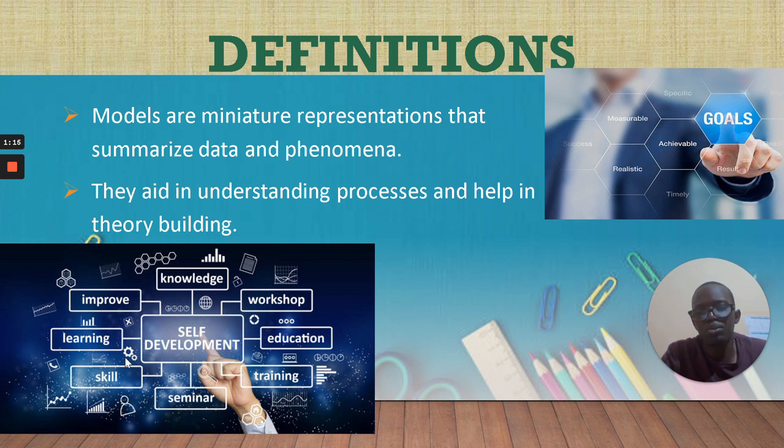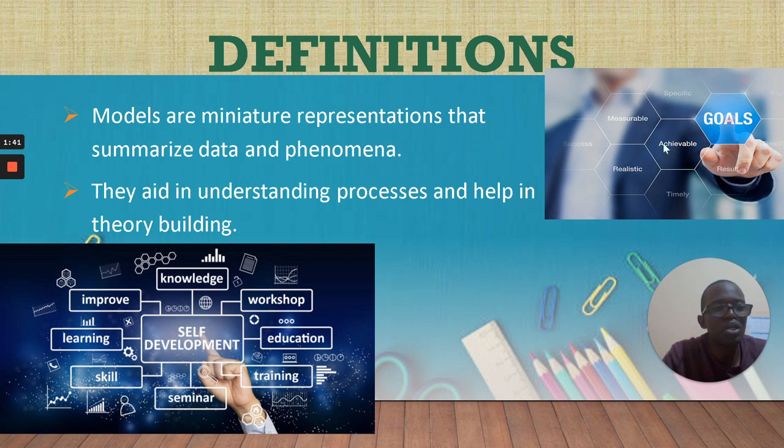So when it comes to self-development, I can just look at it in summary: the aspects of knowledge, workshops, education, trainings, seminars, skills, learning, and improvement. So it's a summary of all that you would cover as far as self-development is concerned.